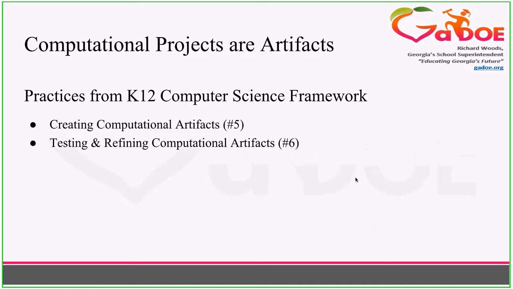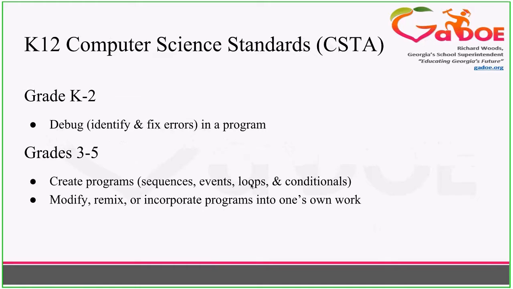There's a series of practices they promote for students from kindergarten through 12th grade. I'm focusing here on a couple of them, for kindergarten through 5: creating computational artifacts, and testing and refining those artifacts. Again, artifacts are projects, so just keeping it simple.